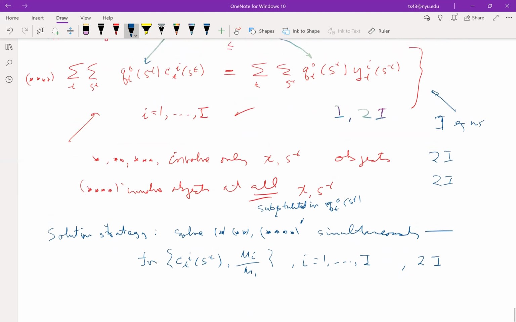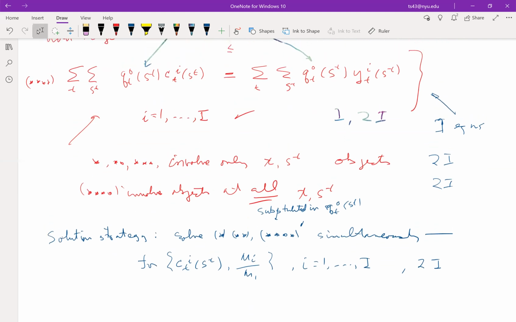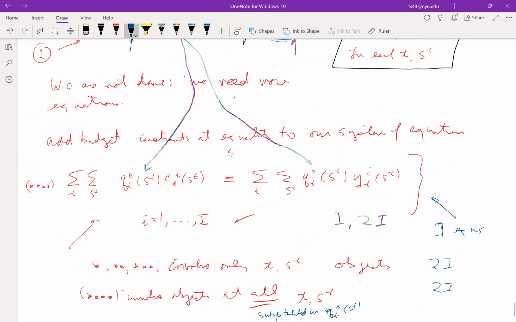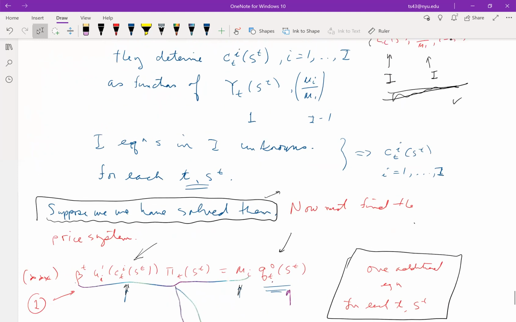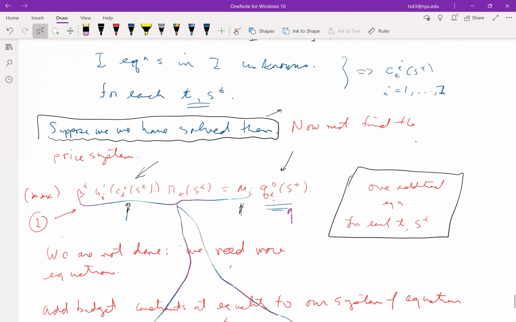Well, now it's a mess, because to do this I have to do this for all t, for all s^t. I cannot do it period by period. So essentially, counting equations, I'm up to having an infinite number of equations really quickly.